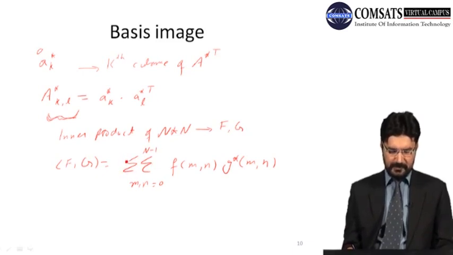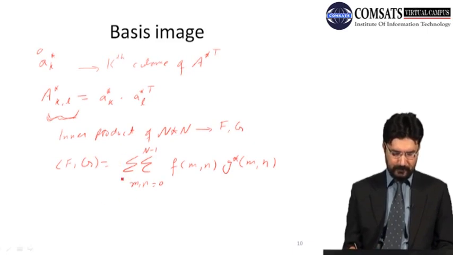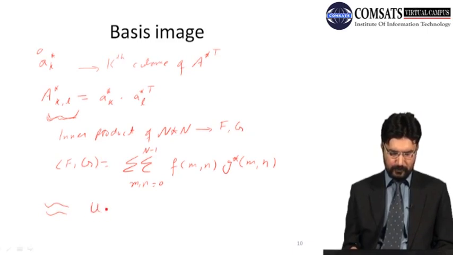Now this transformation equation is nothing but the expression of the inner product, and this inner product can also be represented with an image matrix U and the transformation matrix A star KL.